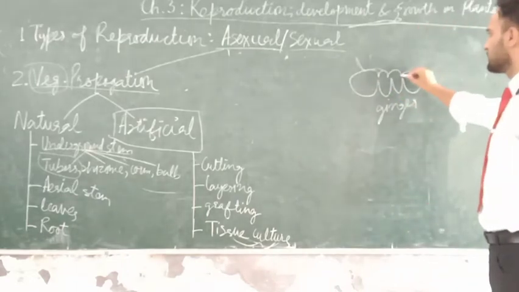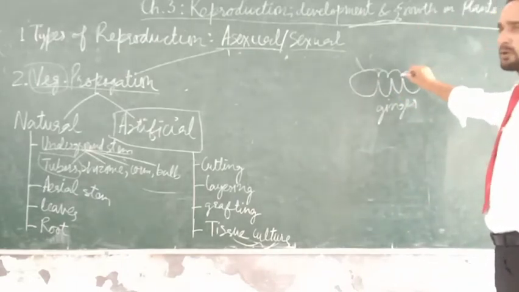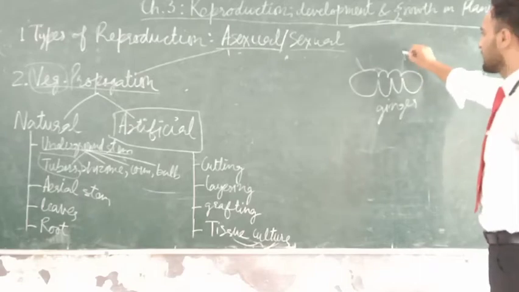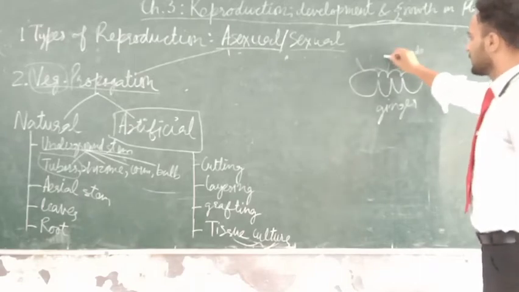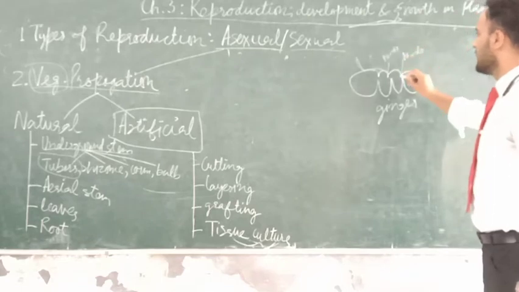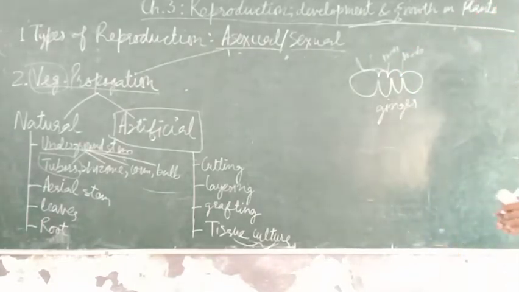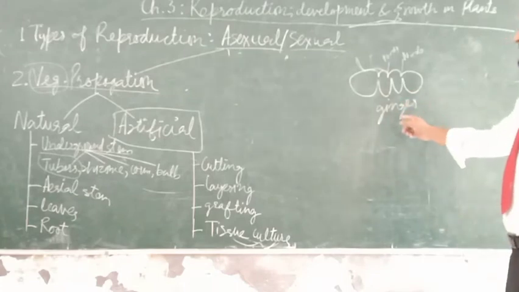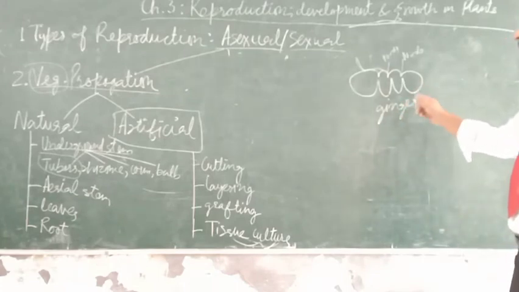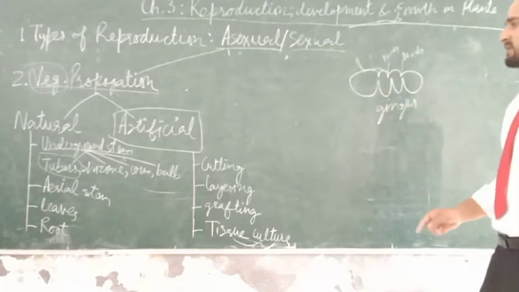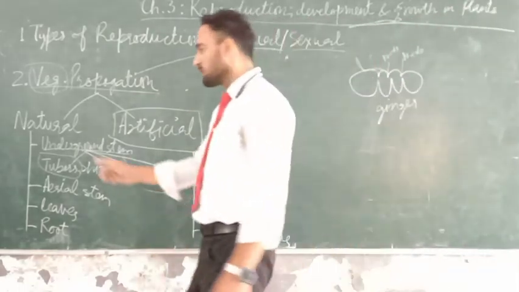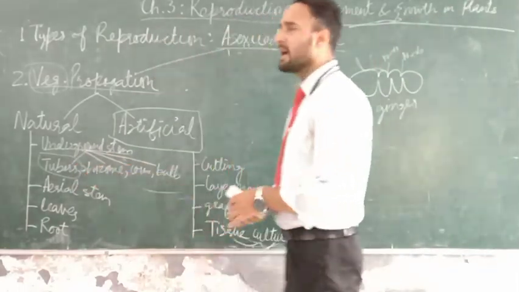It has distinct nodes and internodes. These constrictions here are the nodes, and the space between two nodes is the internode. So ginger is a type of rhizome. Always remember, sweet potato is a tuber and ginger is a rhizome.